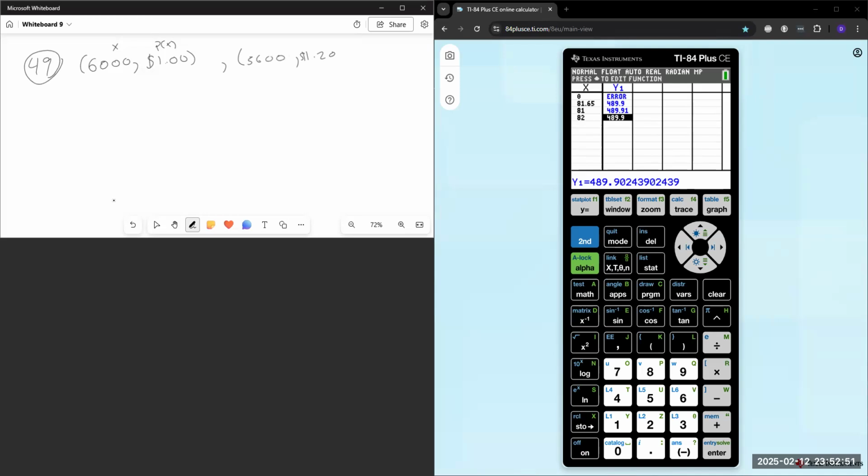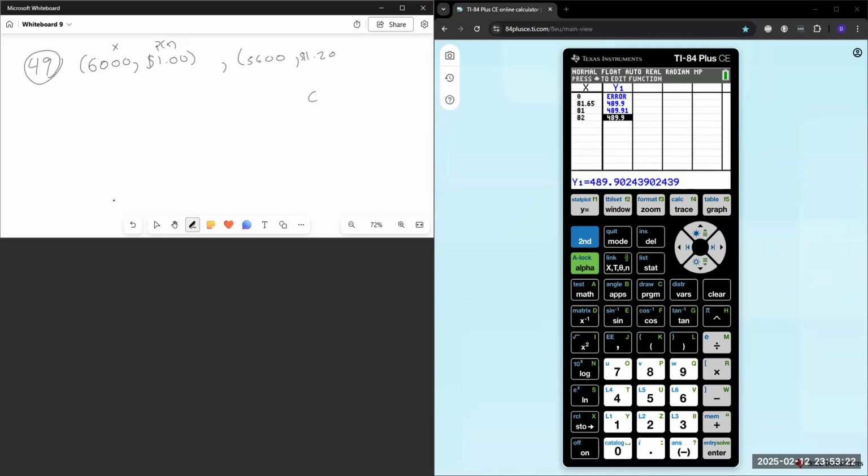and the initial cost is 5,000. Initial cost 5,000, so C0 is 5,000, and the cost per unit is 50 cents.